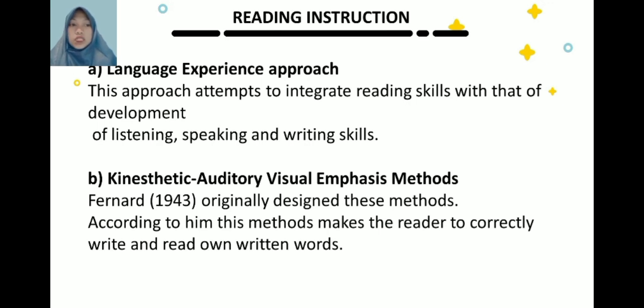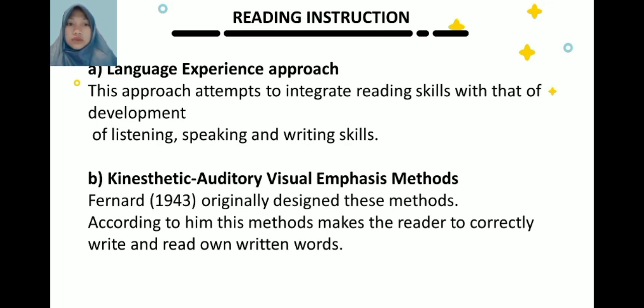So basically, the sequence proposed is from thinking to talking, to writing, to reading. In determining the reading materials, it is recommended to use the child's interest and experience in learning text.